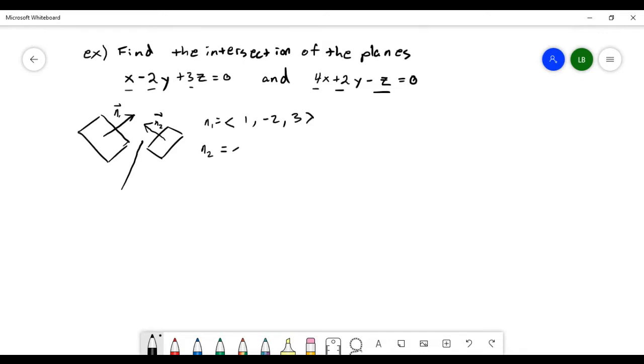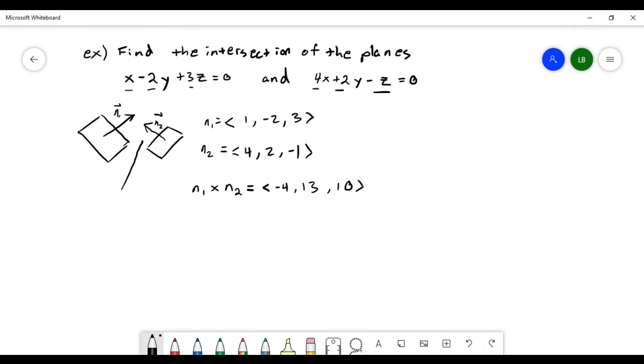The second normal vector is <4, 2, -1>, and the cross product between them is <-4, 13, 10>. If we do -2 times -1 gives us 2, -6 gives -4, then 4 times 3 is 12, plus 1 is 13, then 2 plus 8 is 10. So this would be a vector that is parallel to our line.